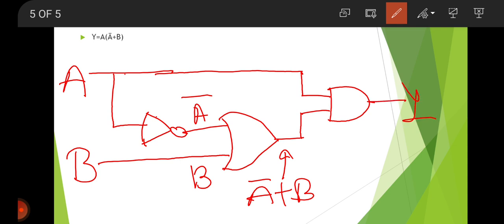Therefore, this is our Y = A and (A bar + B).